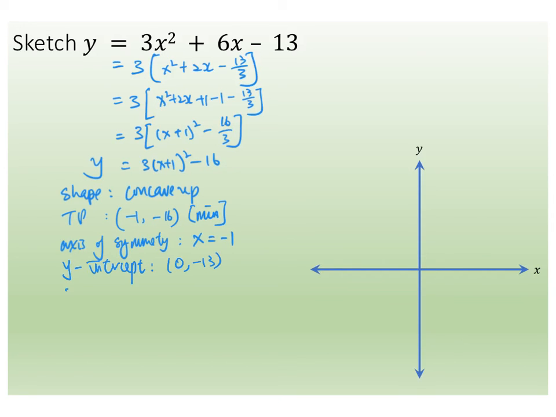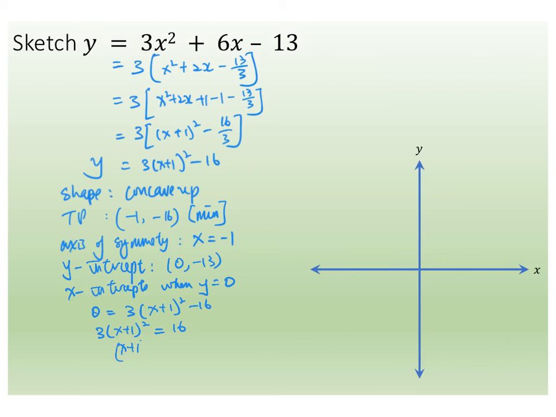So now let's determine the x-intercept. This is when y equals to 0. Therefore 0 equals to 3 (x plus 1) squared minus 16. 3 (x plus 1) squared equals to 16.